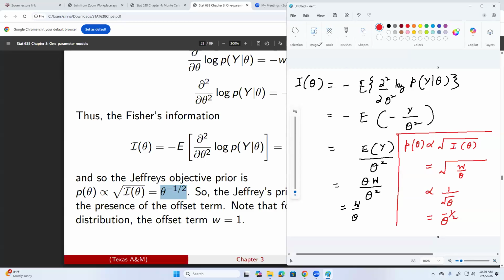So what it shows is that whether you work with the offset term or not, the Jeffreys prior remains the same. Jeffreys prior for the Poisson distribution is theta to the power minus 1/2.